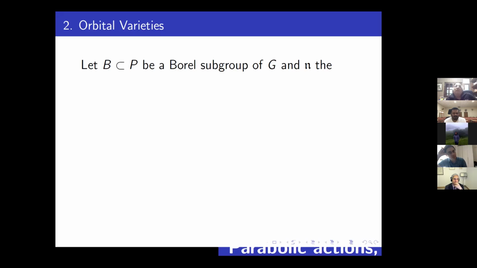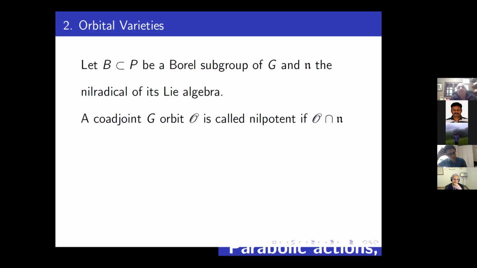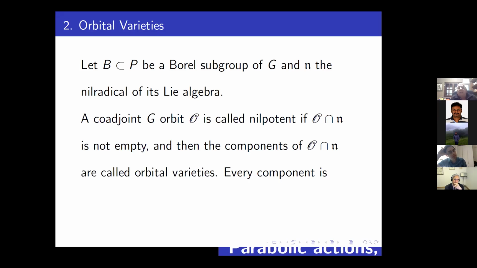So let me go to another topic, which I call orbital varieties. Let B be a Borel subgroup of G, and N the nilradical of its Lie algebra. A coadjoint G orbit, O, is called nilpotent if O intersection N is not empty. And then the components of O intersection N are called orbital varieties.